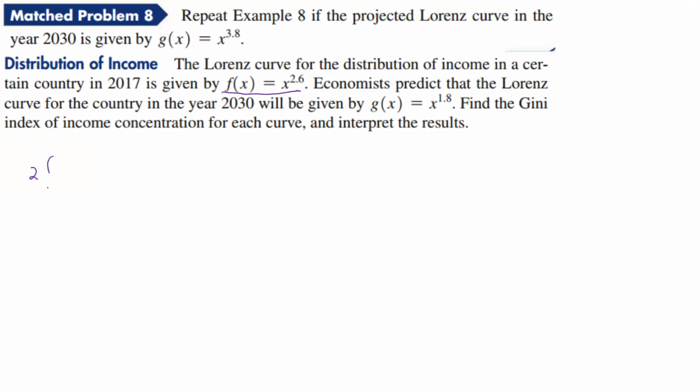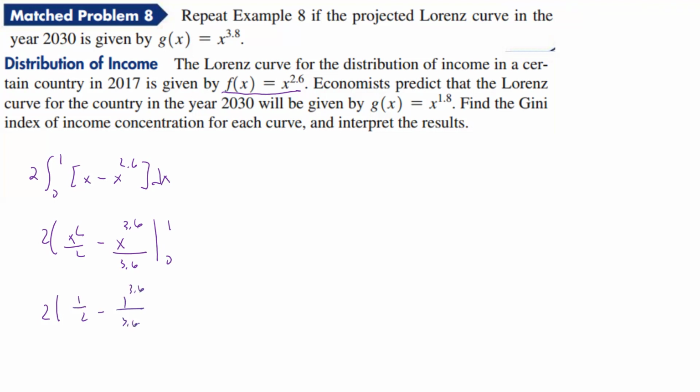And remember, we're going from 0 to 1 of x minus x to the 2.6 dx. Well, that's just going to be 2 times x squared over 2 minus x to the, remember, take that number plus 1, 3.6, over divide by that number, and we're going from 0 to 1. So that's going to be 2 times what? Well, if we plug in 1 there, we have 1 half minus 1 to the 3.6 over 3.6.